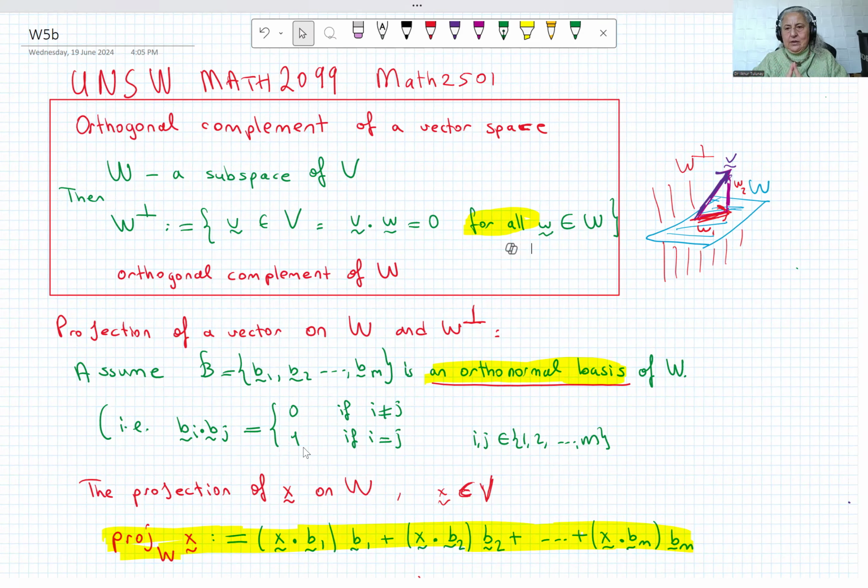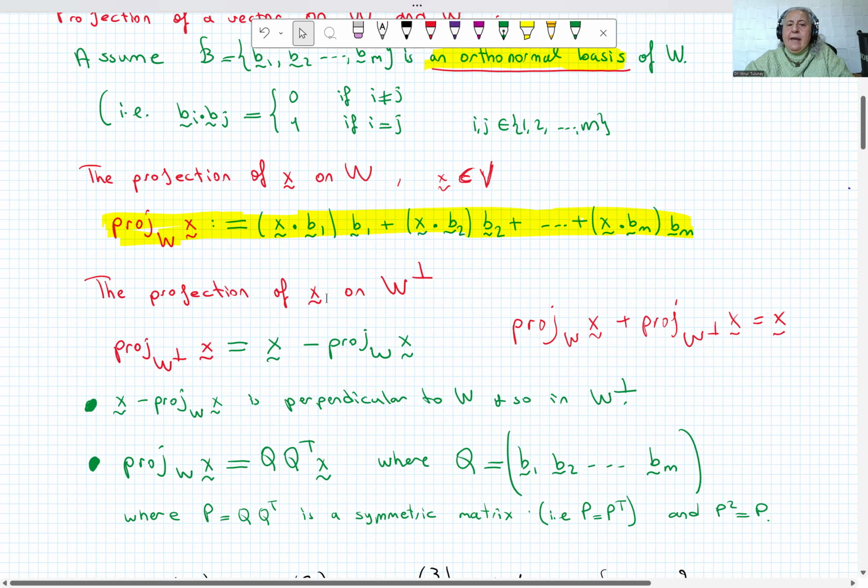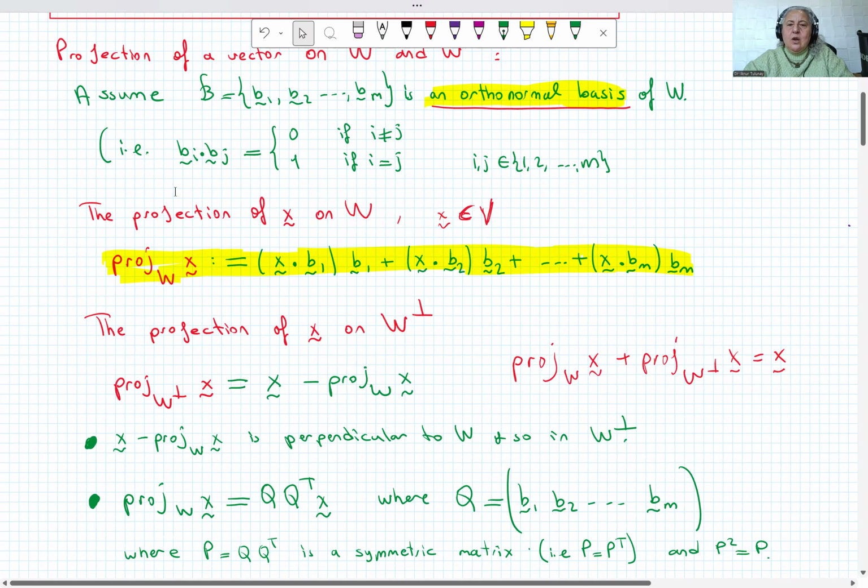These are unit vectors, and they are perpendicular to each other. That's what orthonormal basis means. The projection of a vector x on W is given by this formula, but this formula works only for an orthonormal basis. If you have an orthonormal basis, then this formula is valid.